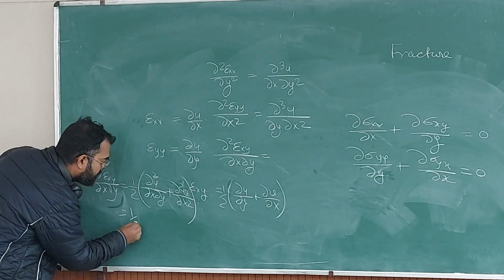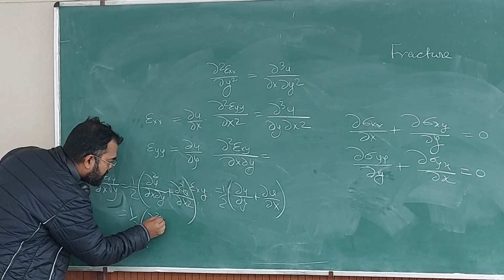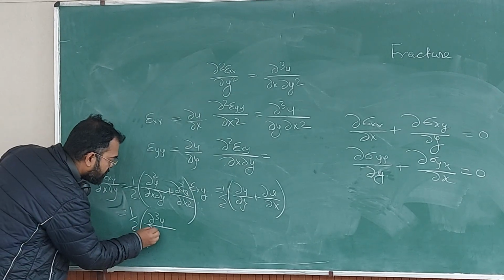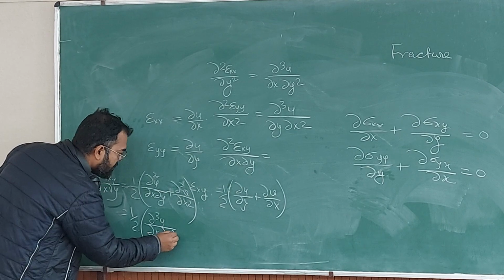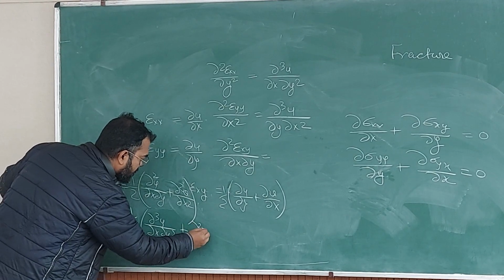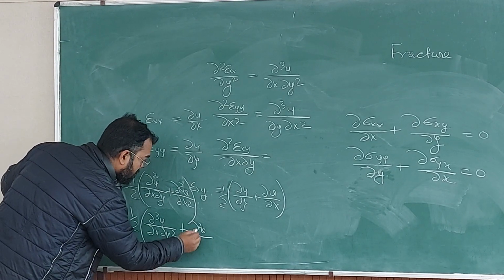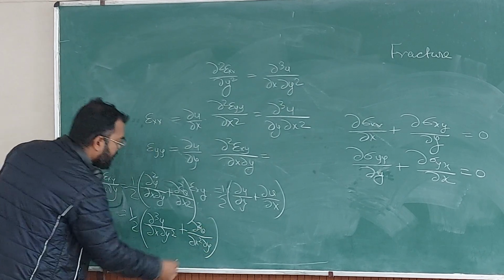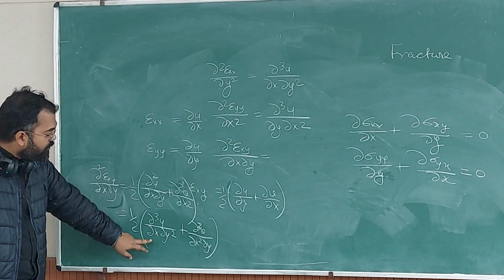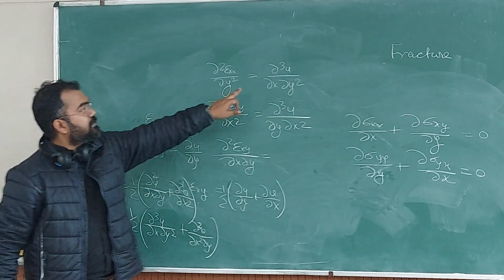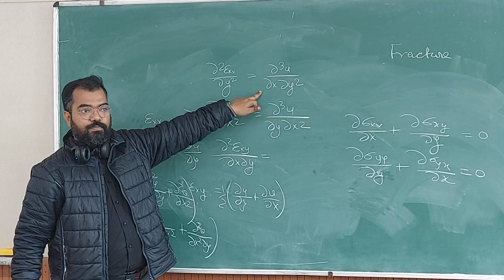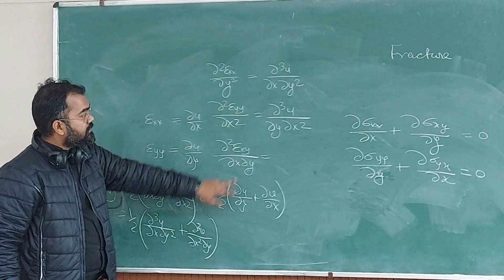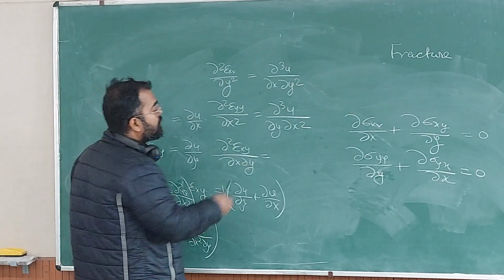Half of del 3u by del x del y square, now we are doing it with respect to y, right? Plus del 3v by del x square del y. So what is del 3u by del x del y square? This. So you put this here. And the second term is that, this is v.